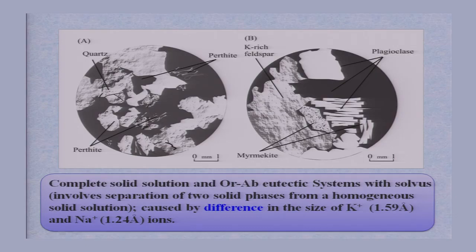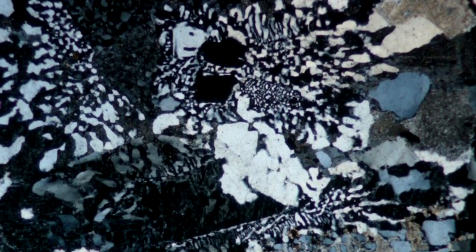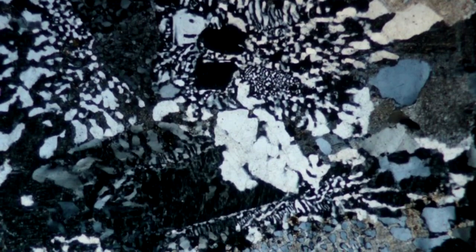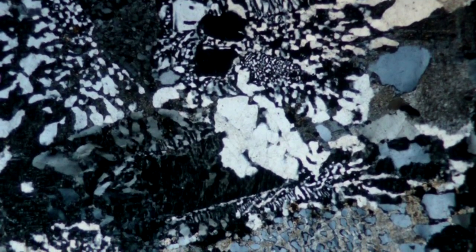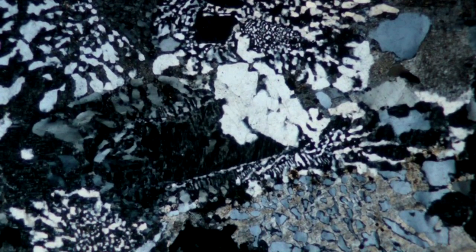What is seen here? The feature is more or less the same, but what is the difference? The feldspar is myrmekitized. The SiO4 ligand is detached from the cations and is present here in the form of vermicular quartz, which shows myrmekitic texture.